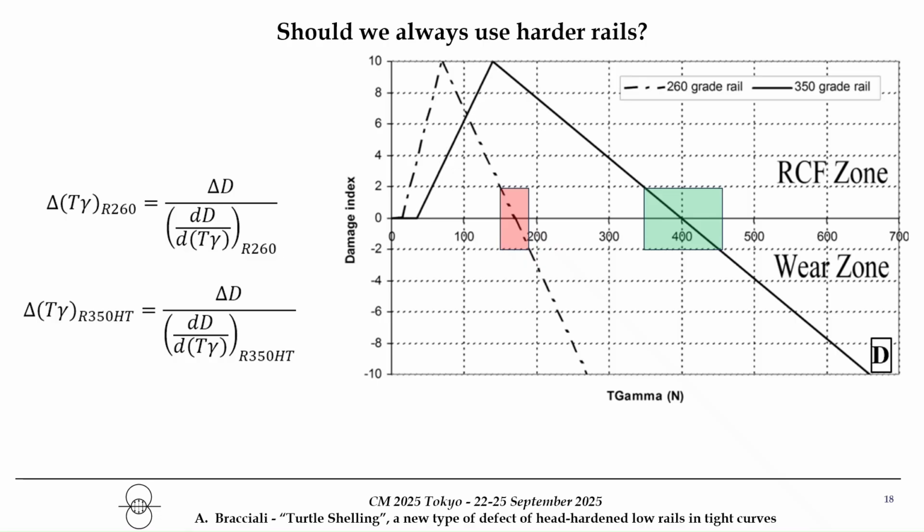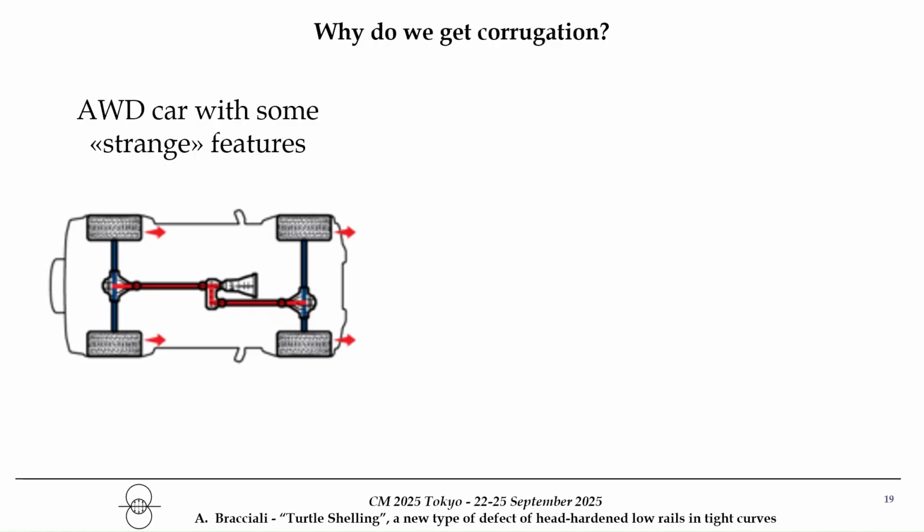But I have to go back to the start. Why do we get corrugation? So this is my hypothesis. Maybe some of you use off-road cars, all-wheel drive, and if you lock the rear differential and you lock the front differential, you may have troubles trying to steer and make a U-turn, probably.